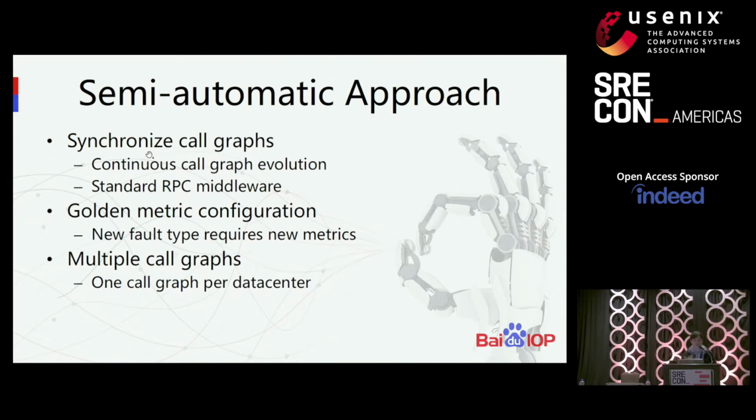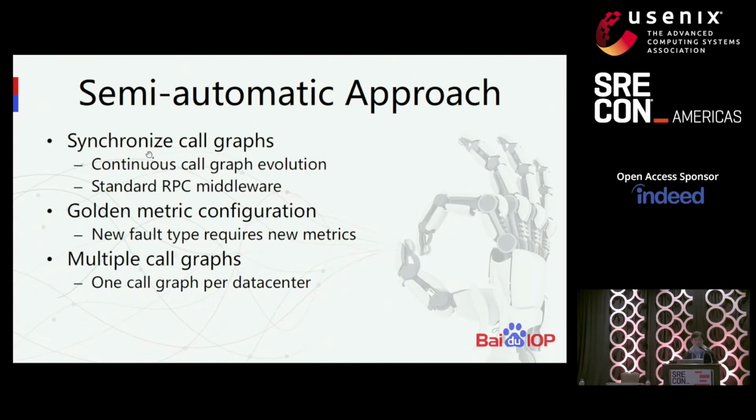First of all, we need to synchronize the call graph from the real system from time to time, because the system is evolving, so the call graph evolves too. If all the systems used a standard RPC (remote procedure call) middleware, we could just perform data mining on the log of this middleware to get the call graph.